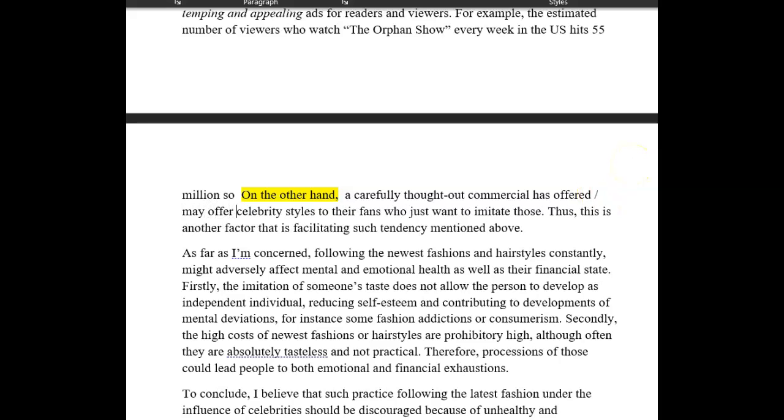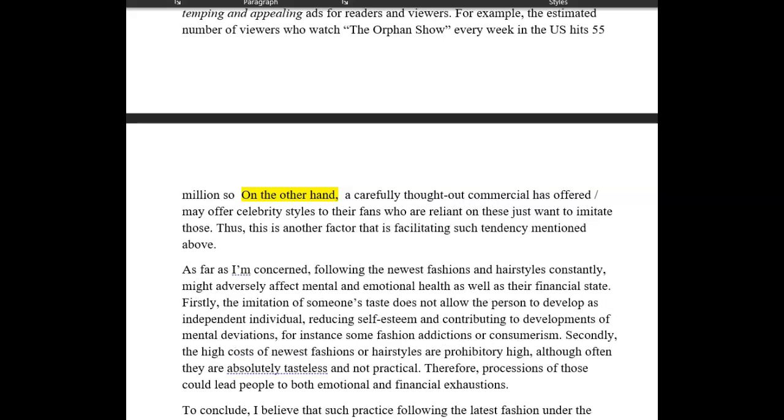may offer celebrity styles to fans who are reliant on these ideas to remain on trend, or who to be keen followers.